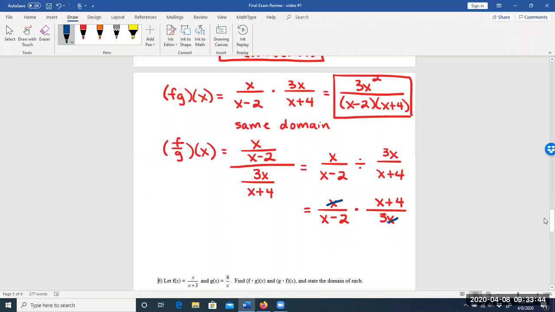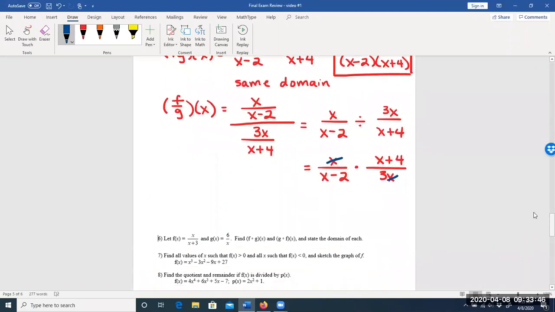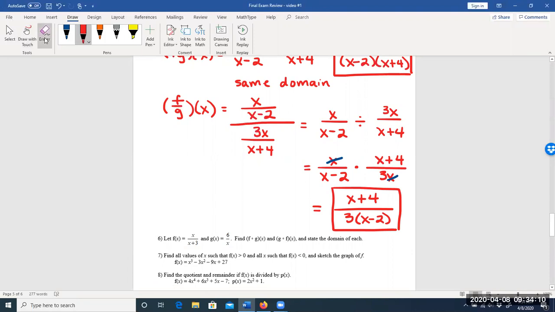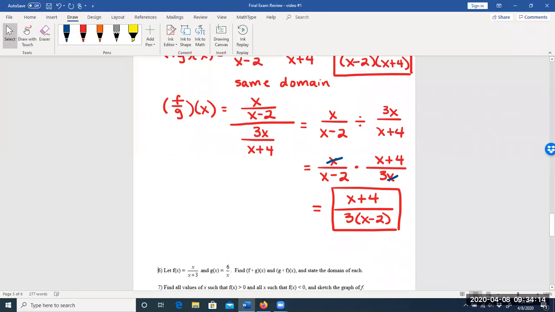So the simplified function here would be x plus 4 over 3 times the quantity x minus 2. When I multiply the 3 and the x minus 2, I've chosen to leave it in factored form. If you want to distribute, you can, but it is not necessary.